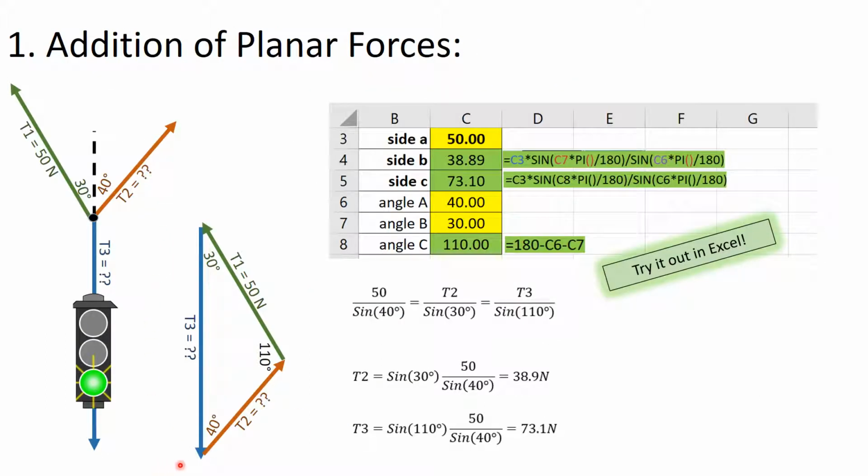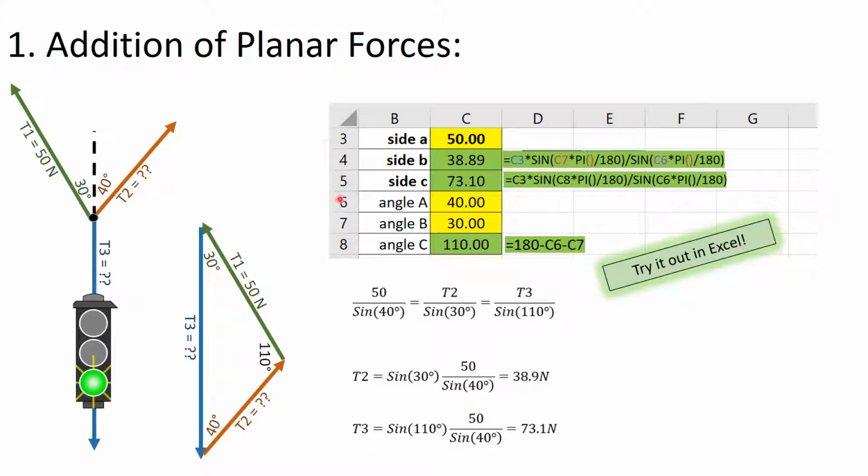There's going to be lots and lots of triangles involved in statics. And if you're using the same relationships over and over again, it really does become convenient to just set a few tables up in Excel to do all of the calculations for you. So here is an example of a table that is set up for just any generic triangle where you know one of the sides, and if you know two angles, you know all three angles.